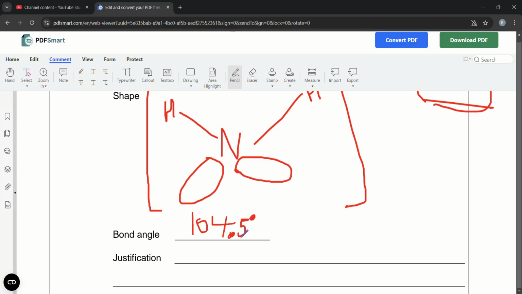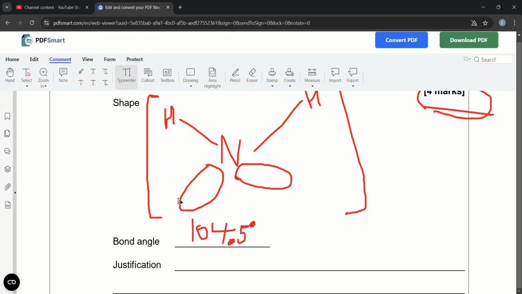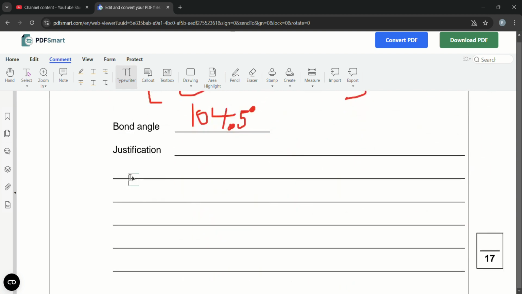And the justification, well, because electron pairs repel each other to be as far apart as possible.